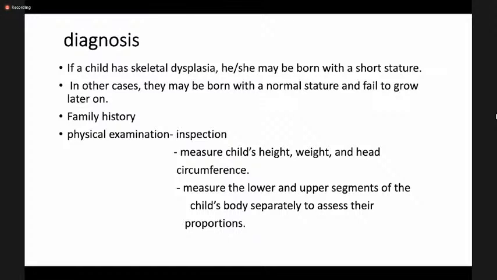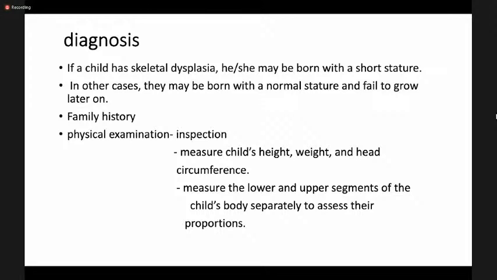Diagnosis, as we mentioned earlier on, if a child has skeletal dysplasia, as we said, many of them will be born with short stature. In other cases, they may be born with normal stature, but they fail to grow normally.